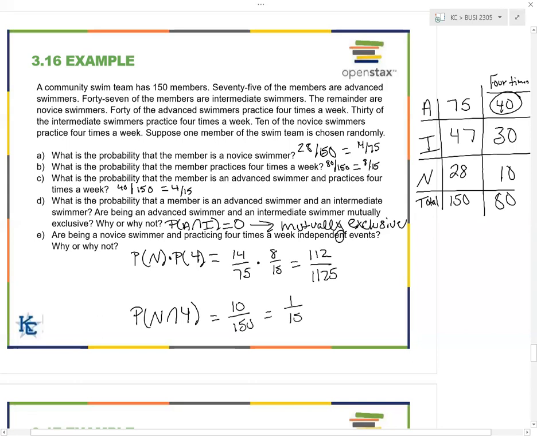And if you're not good at comparing fractions, go ahead and do your division here. 112 divided by 1125 gives you 0.0996, and 1 divided by 15 is 0.0667. And so these two values do not equal. Since they aren't equal, the answer is no.